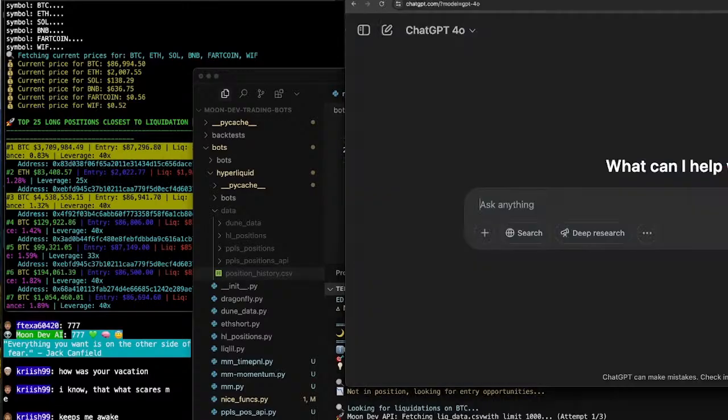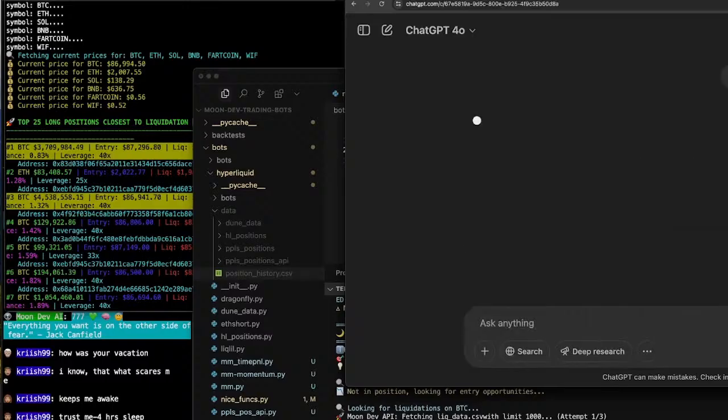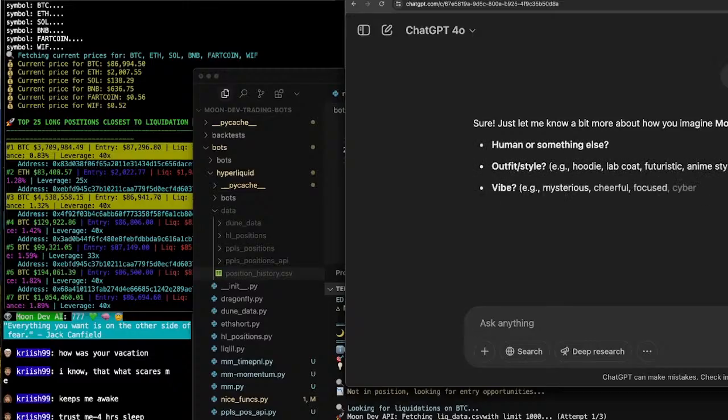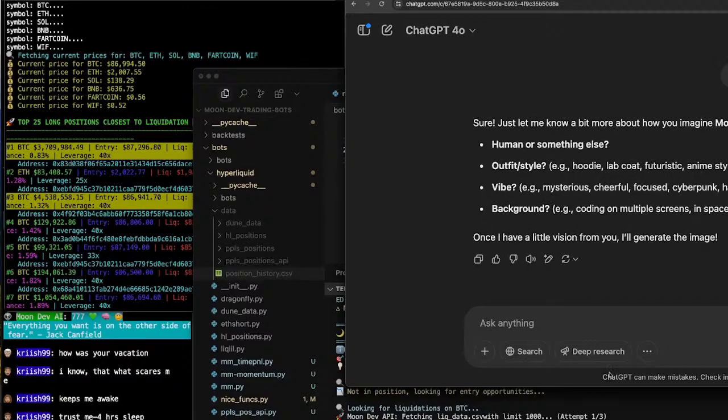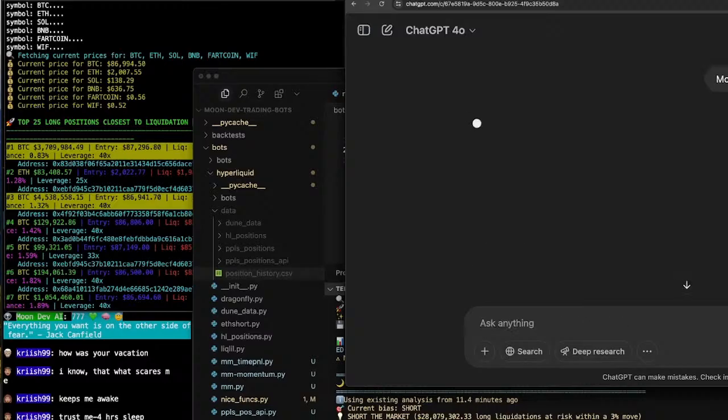Let's go to ChatGPT and try out this new image thing. Can you make an image of Moondev? You don't even act like you know him. Moondev, the algo trader. Acting like Moondev from YouTube. Acting like you don't know me, ChatGPT.